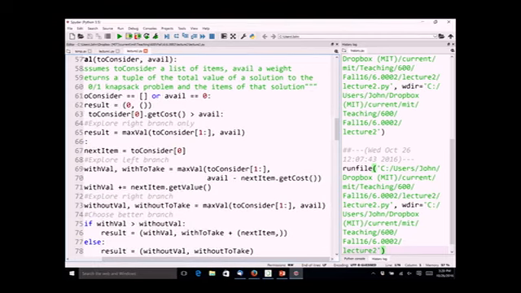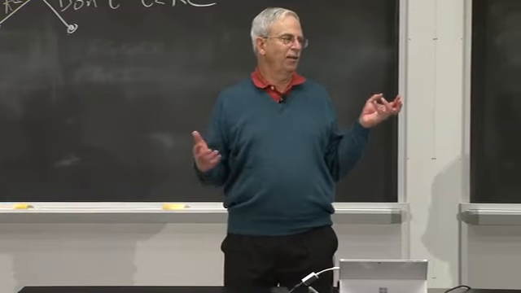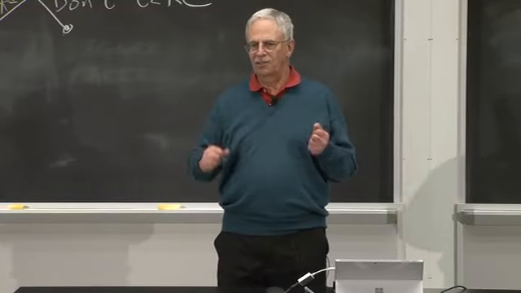So we're going to call max val with everything except the current element and give it avail minus the cost of that next item of to consider sub 0, okay? Because we know that the available weight has to have that cost subtracted from it.